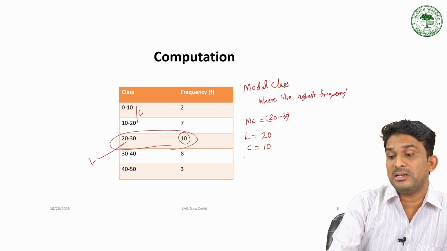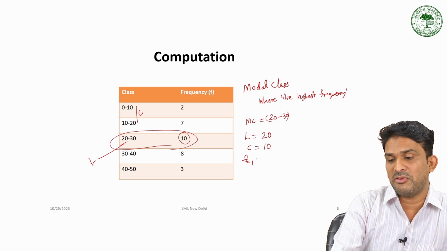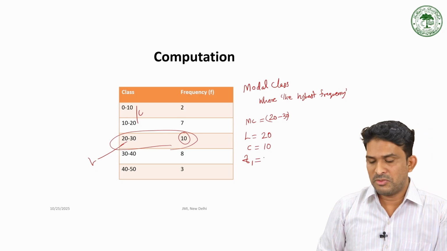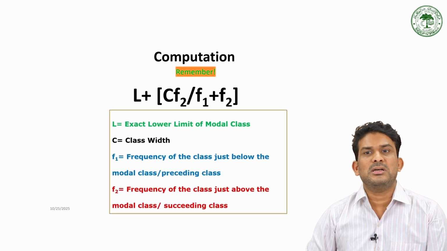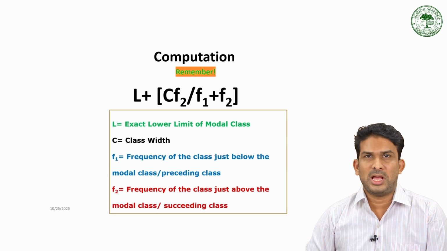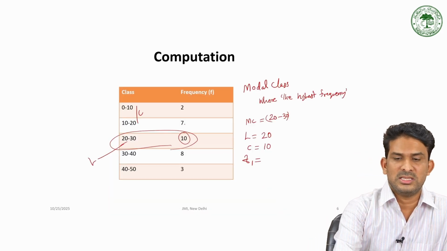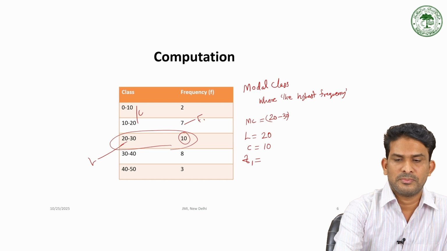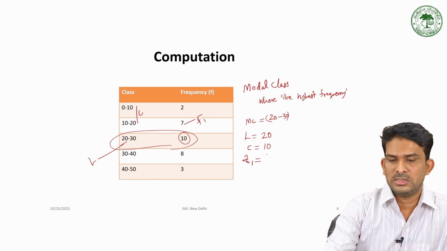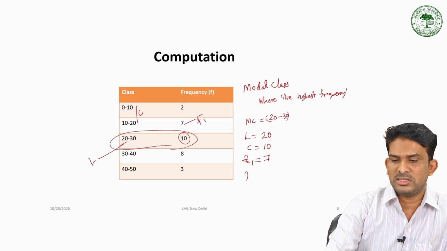What is F1? Frequency of the class preceding the modal class or just below the modal class. This is F1, right? So it is 7. What is F2?